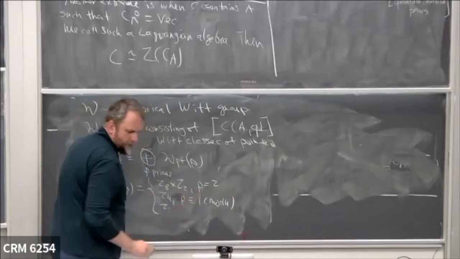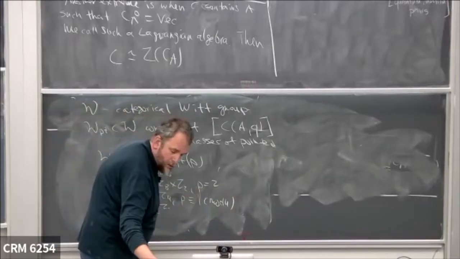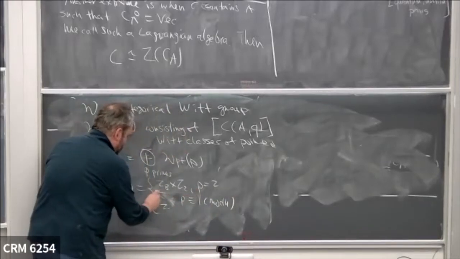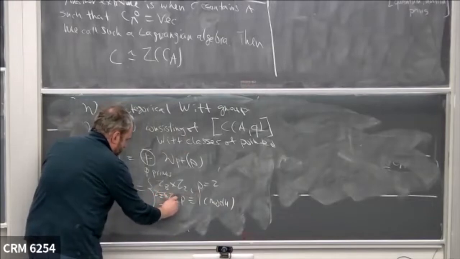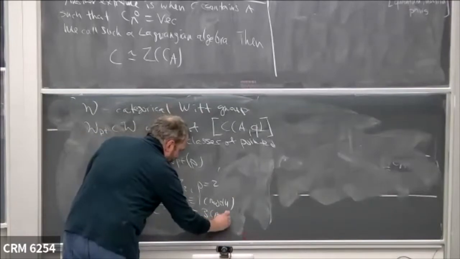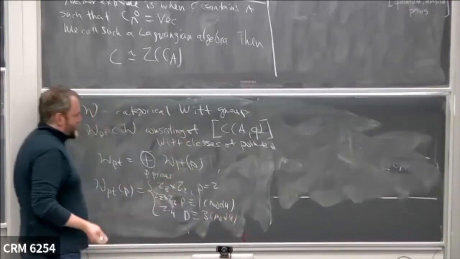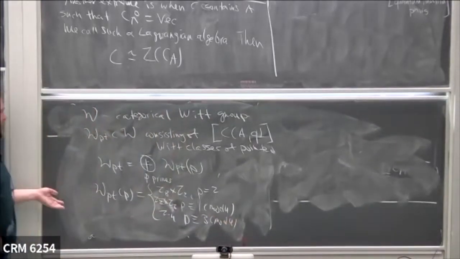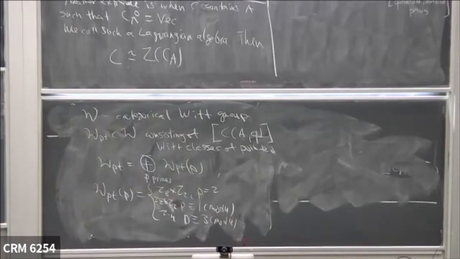Let me double check. No, it's Z2 cross Z2 in this case, of course. And Z4 if P is congruent to 3 modulo 4. And you can just explicitly write down elements of these groups, all these non-degenerate quadratic forms on abelian groups of small order.